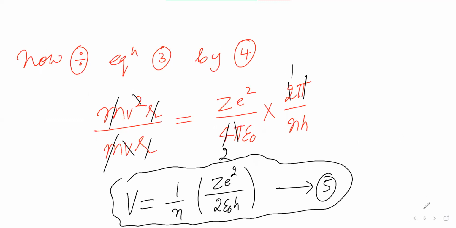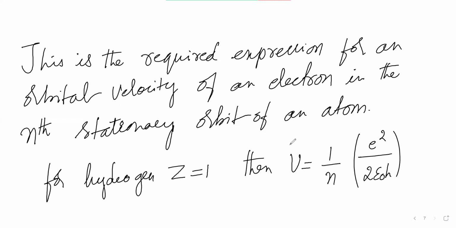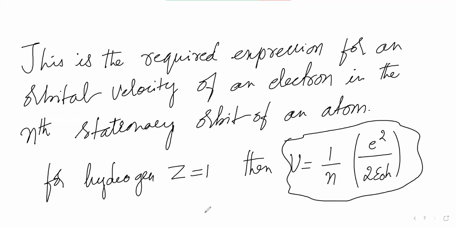Z becomes 1 for the hydrogen atom. This is the expression here. Now by seeing this, I can write v is inversely proportional to n. So I mean to say that when the orbit number increases, velocity decreases.